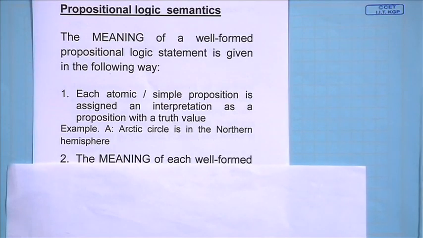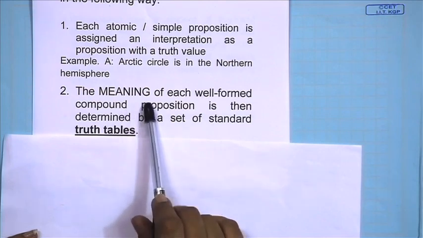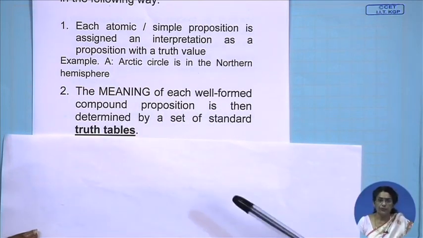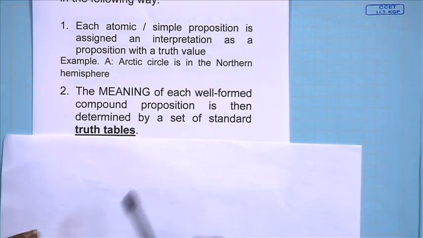We are assigning them propositions which have truth values, and then compound propositions are born by the use of the connectives. The meaning of the well formed compound propositions is determined by semantic processes.